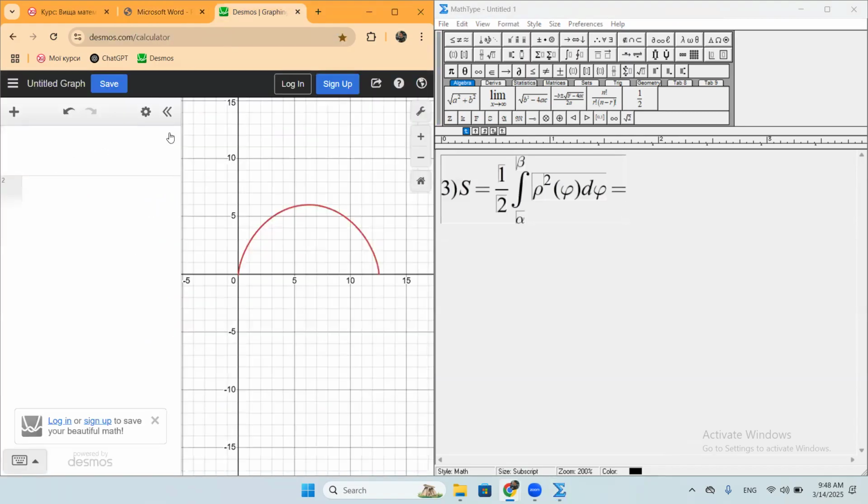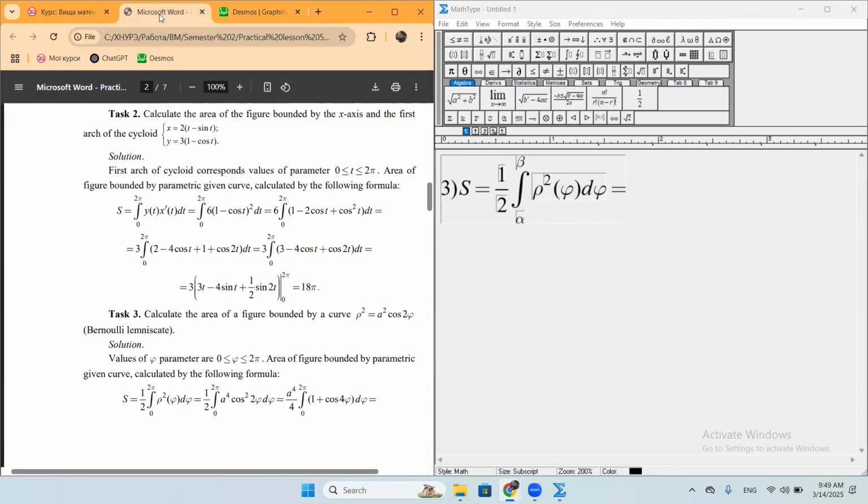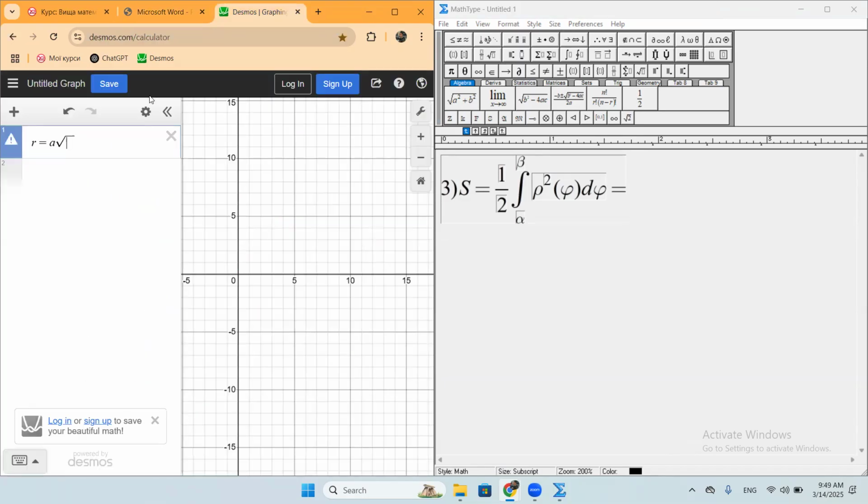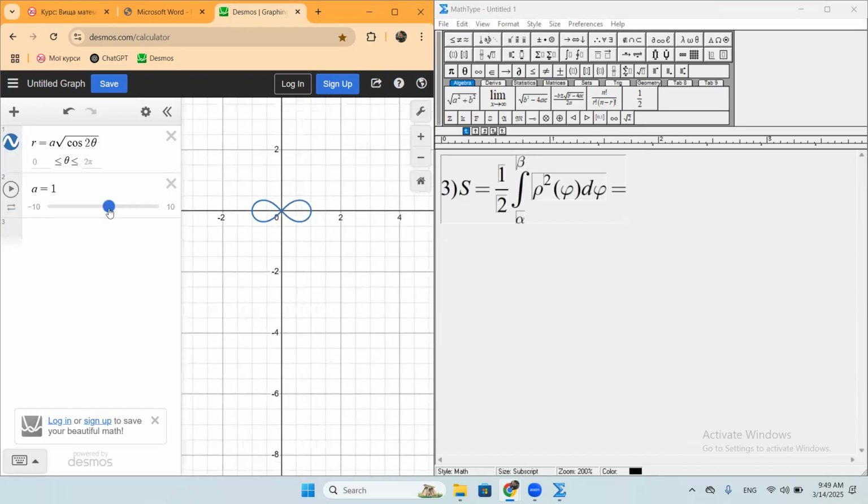Let's put this lemniscate. So a by square root of cosine 2 phi. It doesn't understand phi, so let's use theta in Desmos. So here is the lemniscate. And if we change a, what happens?